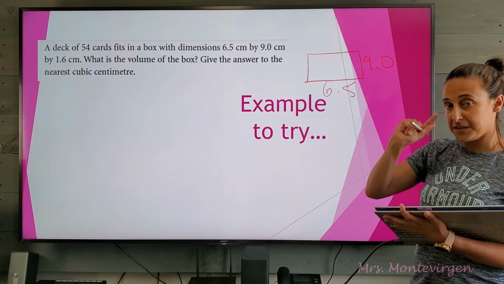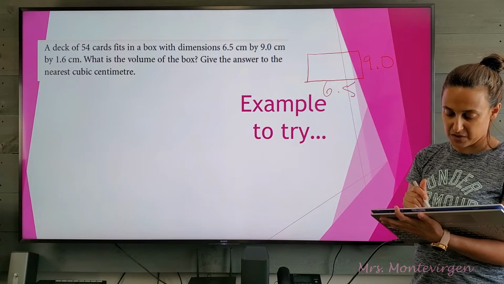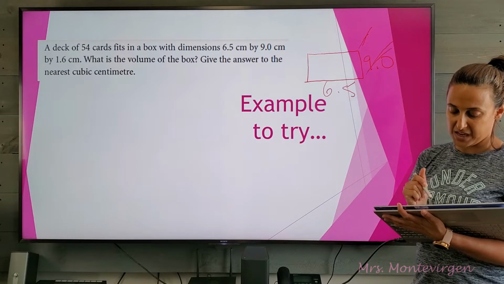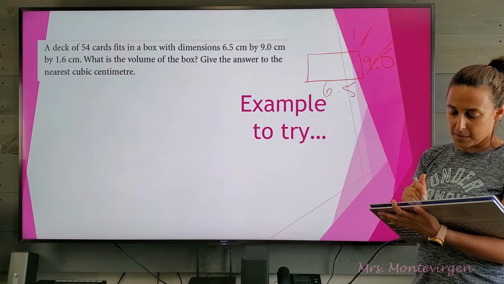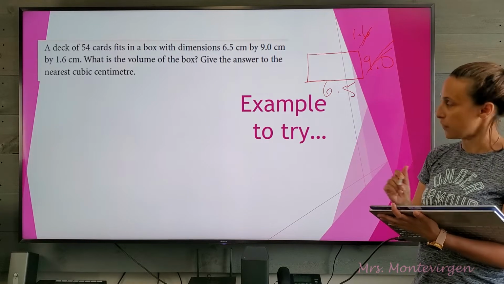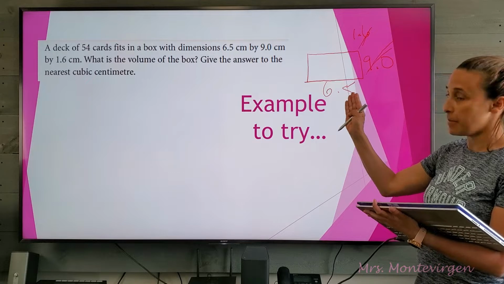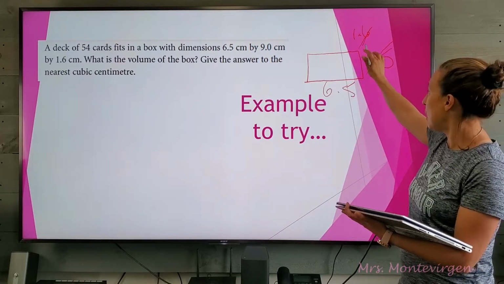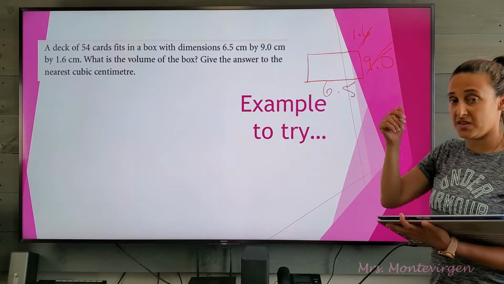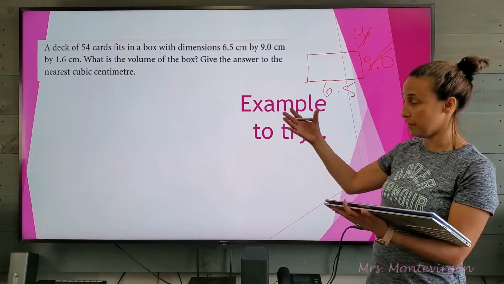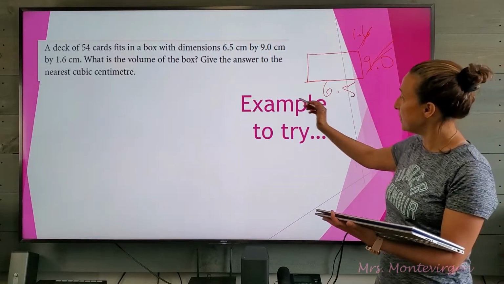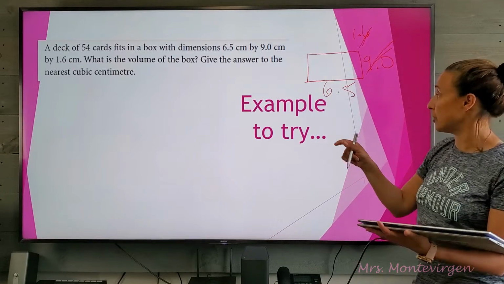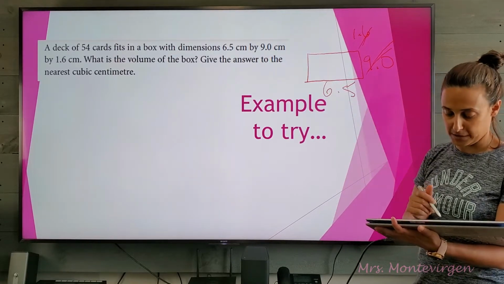I flipped this shape on its side. If I was actually sketching it, and I sometimes like to do this, I may give it a 3D kind of effect and put the 1 6/10 over on the side to show that we're talking about that. If I can picture this prism flipped up, I might have an easier way of seeing that 1 6/10 does stand for the height. But no matter which way you have it, the first two numbers are the ones you're going to focus on, because those are the numbers that give you the area of the rectangle itself.